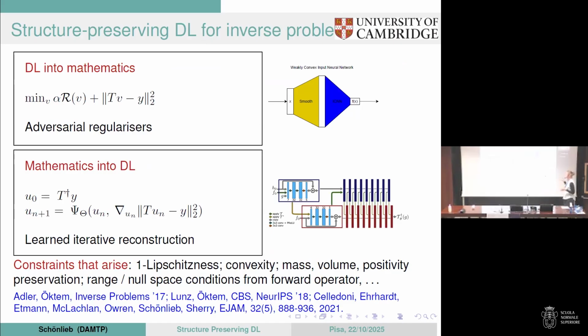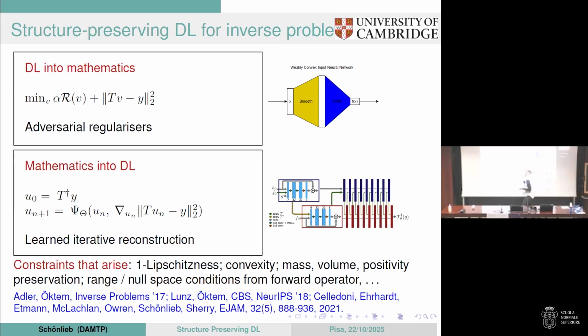And here, again, I usually like to present things with a macro view and then zoom in. The macro view is more or less like this when you think about structure preservation in this context. How do people design structure preserving deep learning approaches for solving inverse problems? Either what I call here deep learning into mathematics, so starting with a mathematical model. A classical mathematical model for solving inverse problems is, for instance, variational regularization.